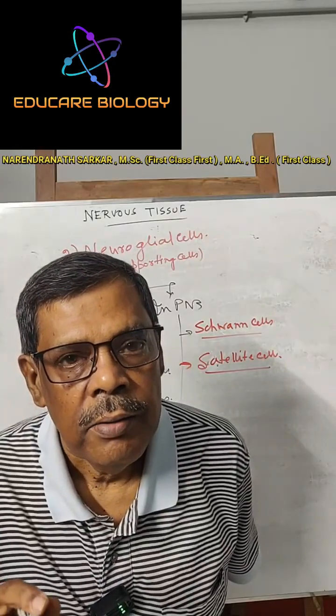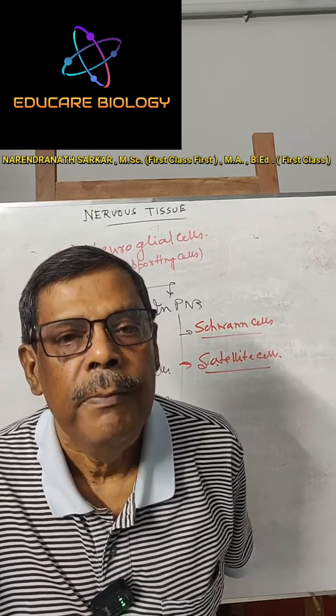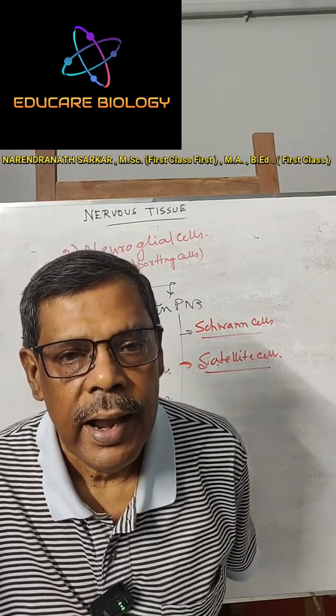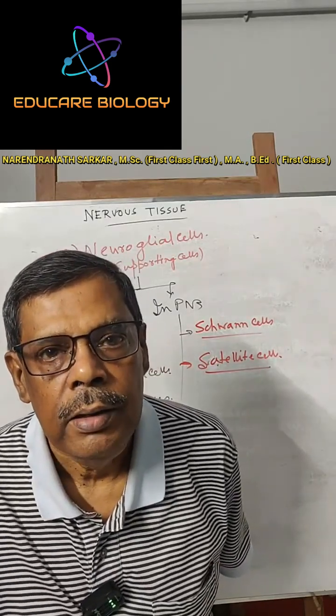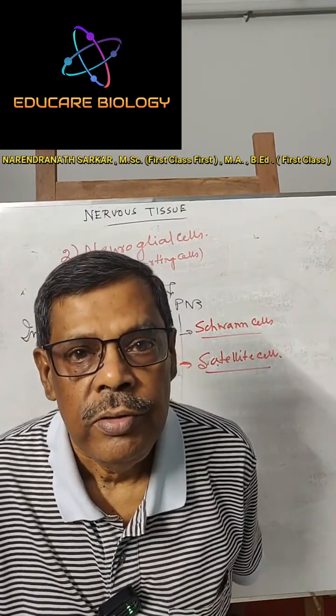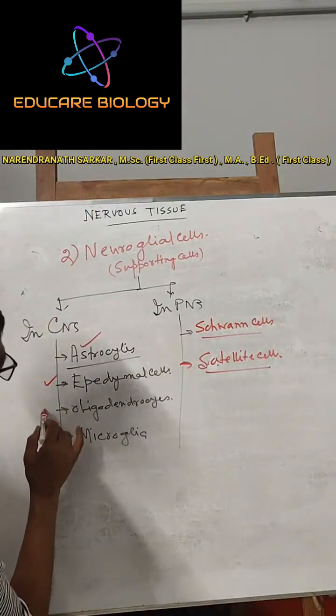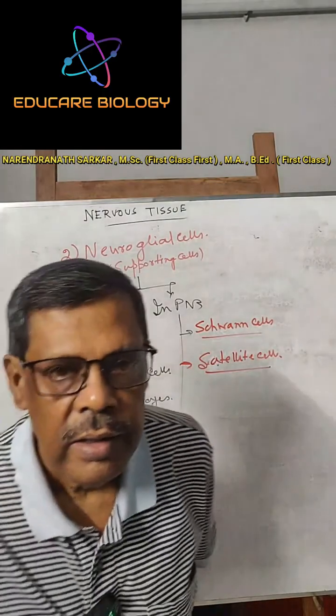This is the inner part of the ventricles of the brain and the central canal. They produce CSF, cerebrospinal fluid.